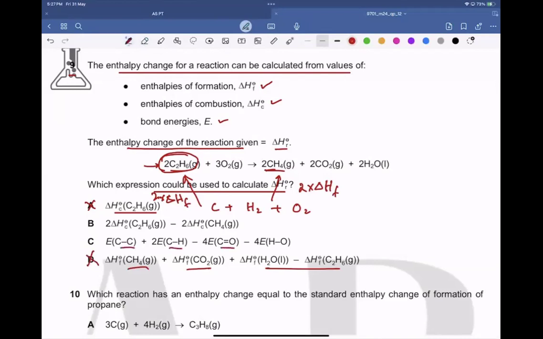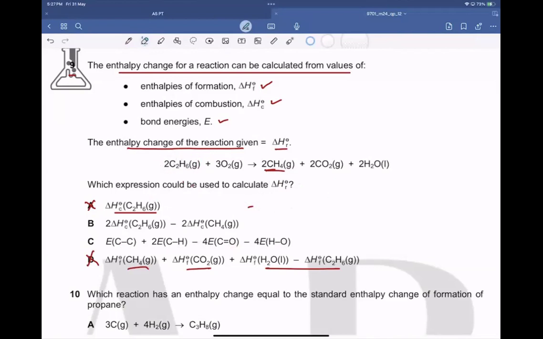Now we are left with the bond energies and enthalpy changes of combustion. Okay, so let's have a look at the bond energies.